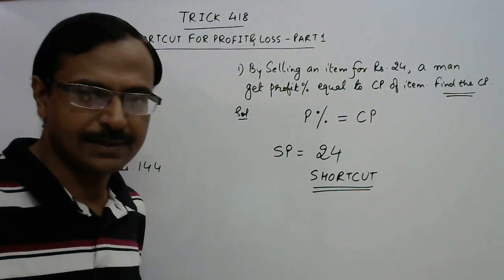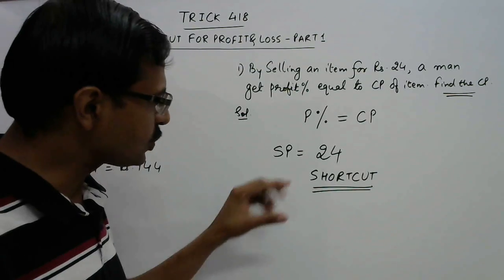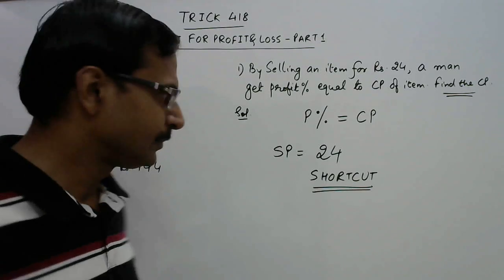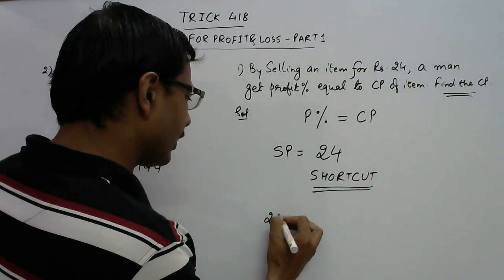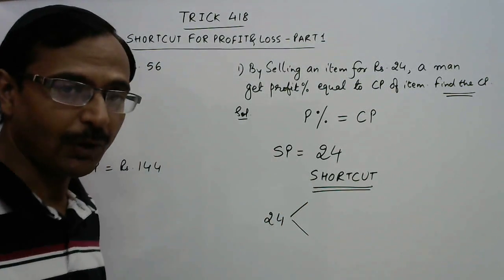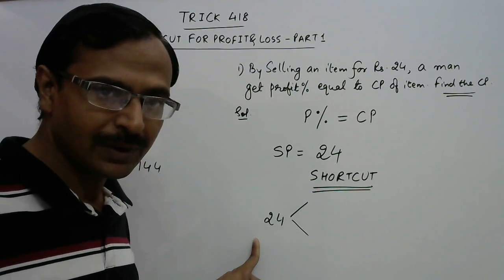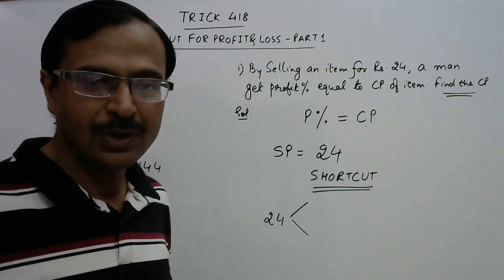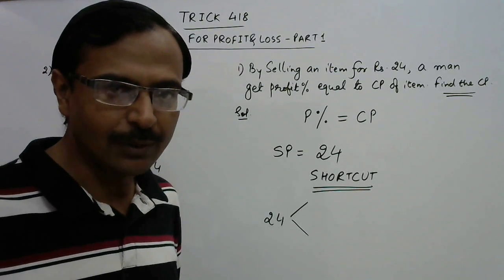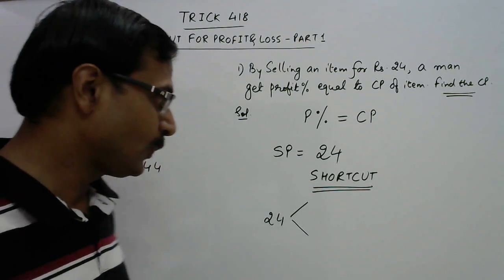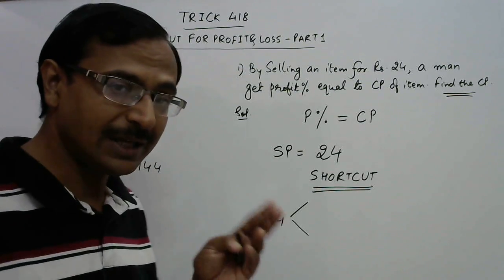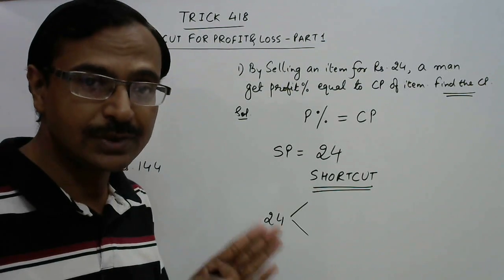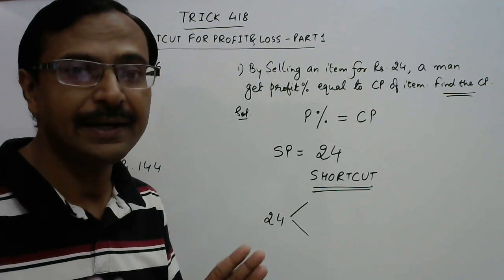For this type of question, you just need to split this 24 into two factors, obviously whose product is 24. But how to write those two factors? Those two factors should have a difference of 10. So you have to just think of two numbers whose product is 24 and whose difference is always 10.